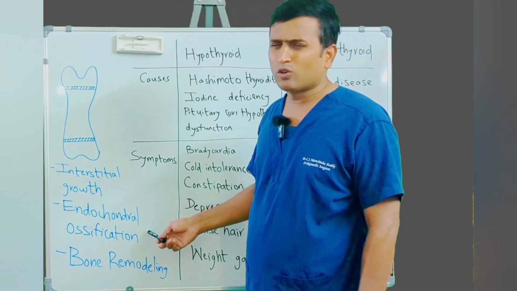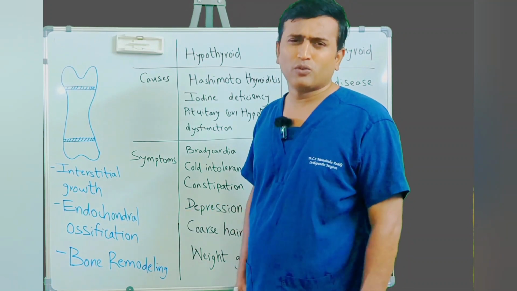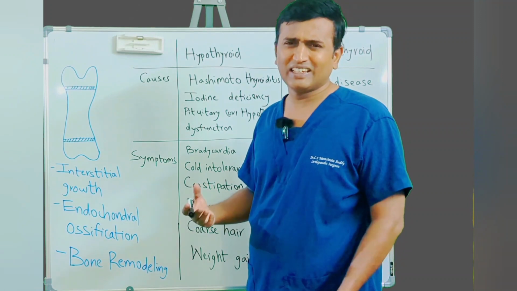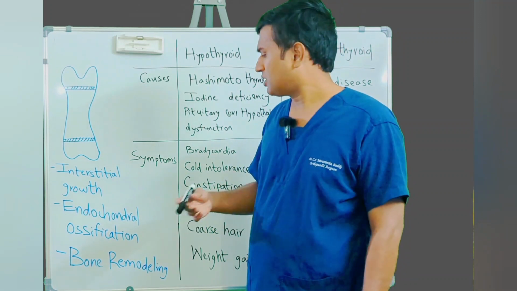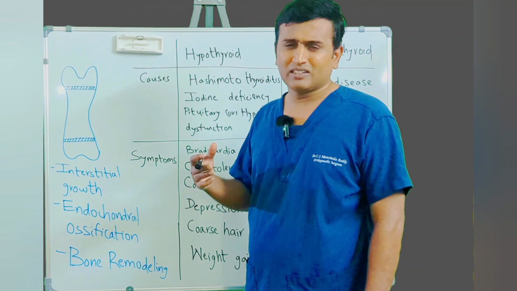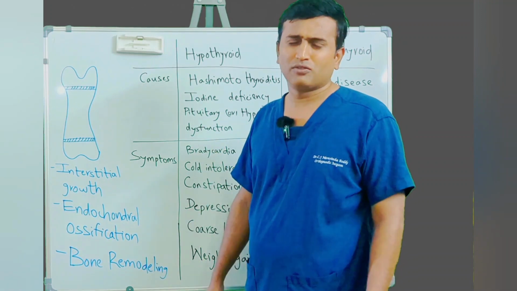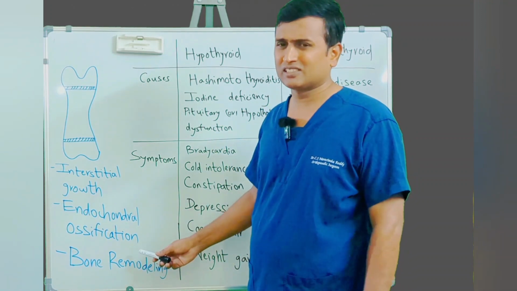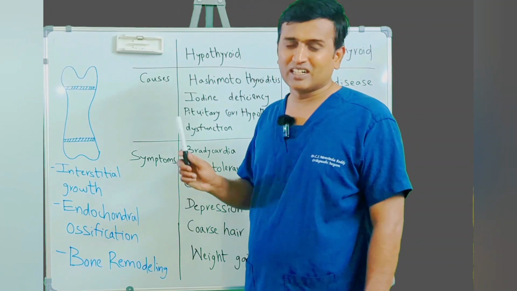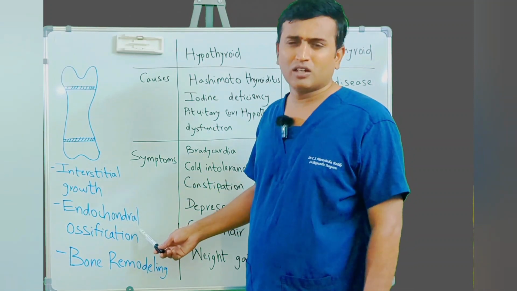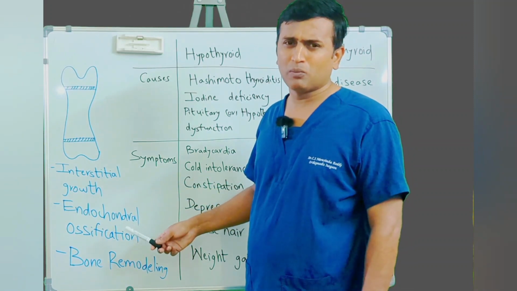And what is this endochondral ossification? When we are young children, all our long bones first form as cartilage, and then it converts into normal bone.